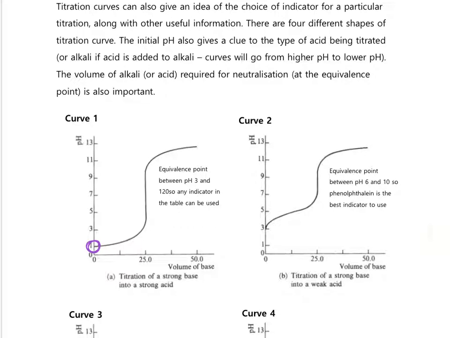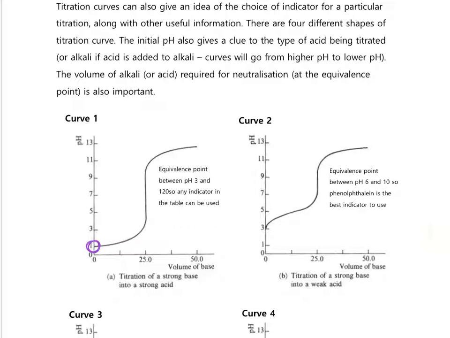Okay, so imagine what's happening here. Can you remember doing titrations? You've got a conical flask. So you've got your conical flask and you've got either an acid or an alkali to start with, right? And then in your burette you have the opposite solution.